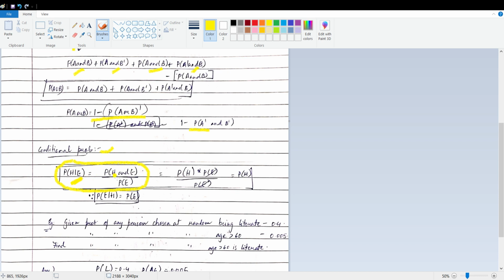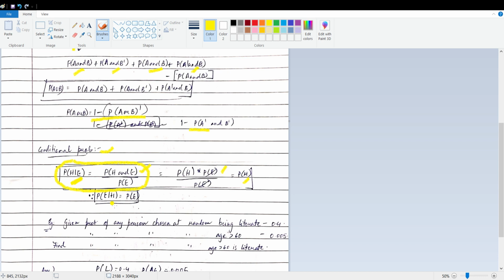That is given by P of H and E divided by P of E. Now we have seen that if H and E are independent events, this joint probability can be rewritten as P of H into P of E, and then you have a denominator here, P of E. So bring that here, both of these get cancelled, you end up getting P of H. So in the case of independent events, your conditional probability is nothing but one of your prior probabilities, like this.